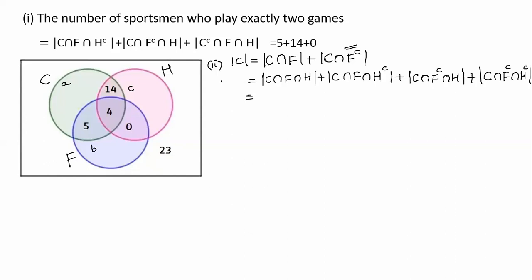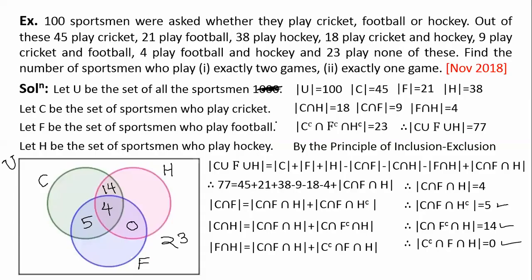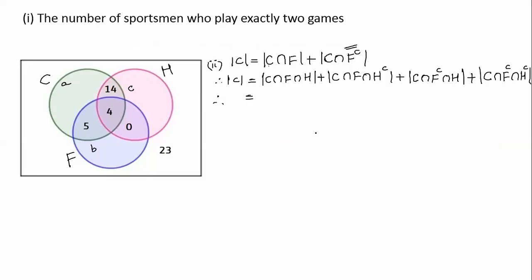So what is with us? Whatever figures we have, let us mention those. So here I will have to go back again. Cardinality of C is equal to 45. So this is 45.